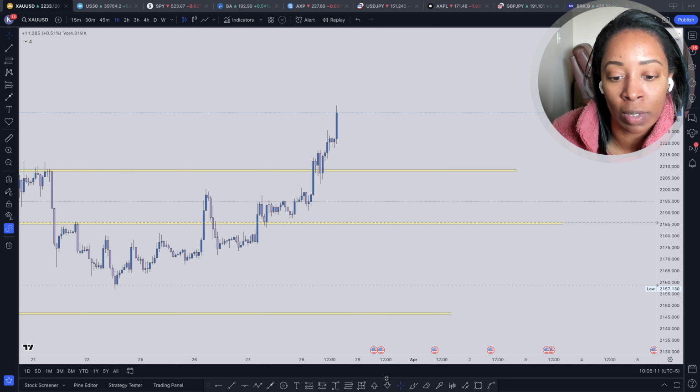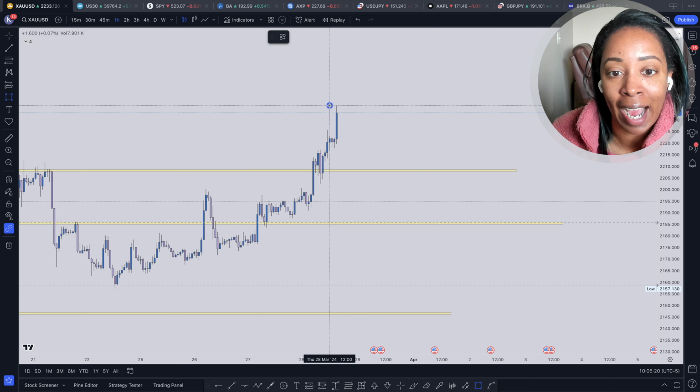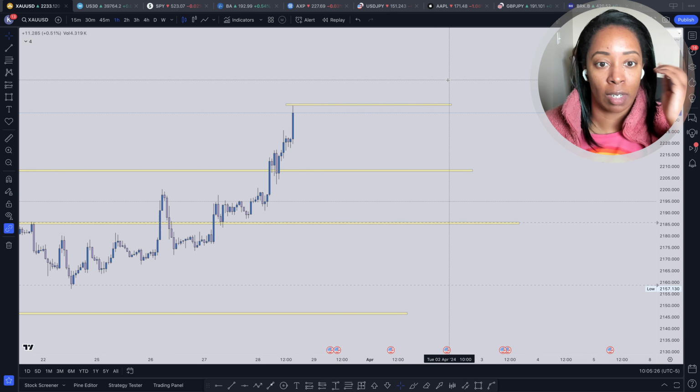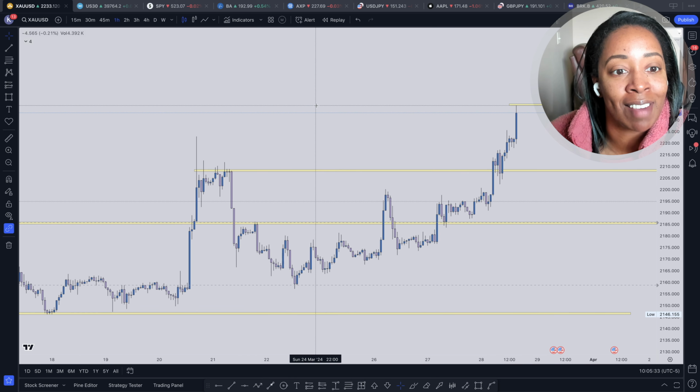So one thing I want to point out is since the market is closed and price pretty much made this strong bullish candle and then it also has this wick, I like to draw a level right here because this is the highest price that price got to before the market closed. It's kind of weird, I don't have anything else.